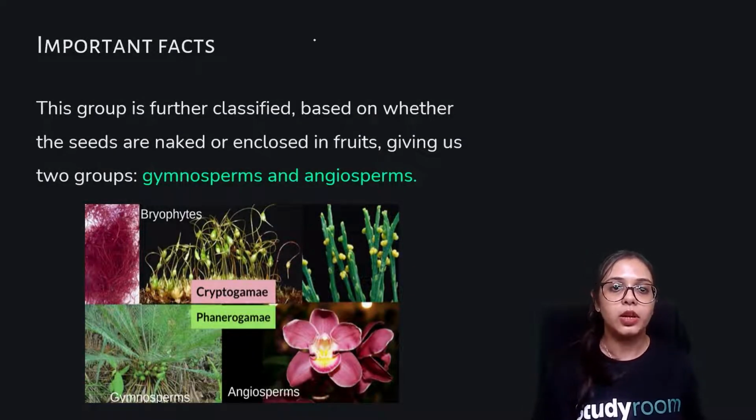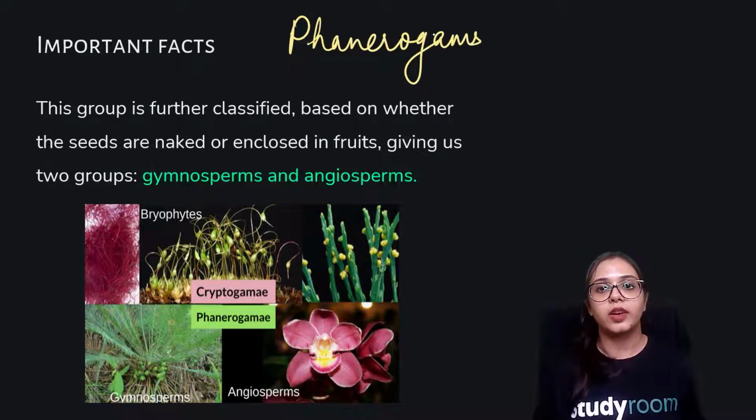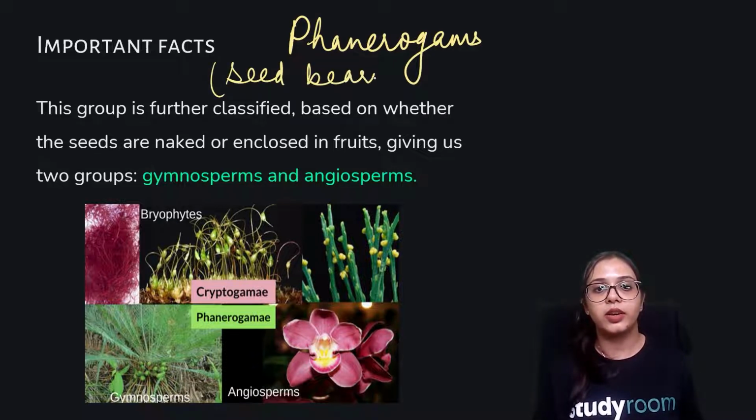Now, we know that Phanerogams are seed-bearing plants, right? So, they are divided into two categories, Gymnosperms and Angiosperms.